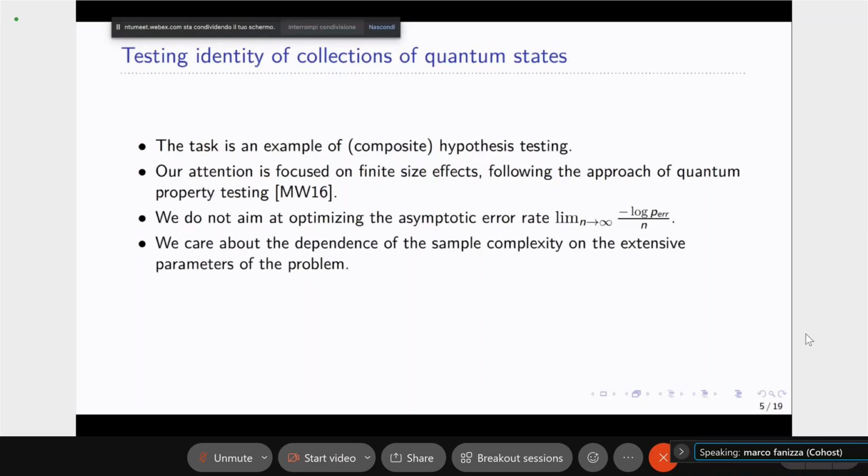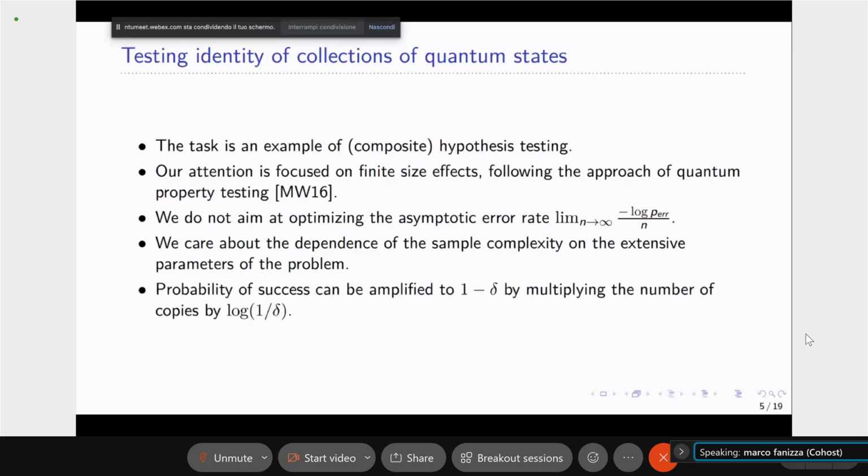And we care instead, as I already said, about the dependence of the sample complexity on the parameters of the model, so n, d, and epsilon. It is important to remember that in these cases, the probability of success can be amplified from the 2/3 that I used to any probability of success 1 minus delta by multiplying the number of copies by the logarithm of 1 over delta.